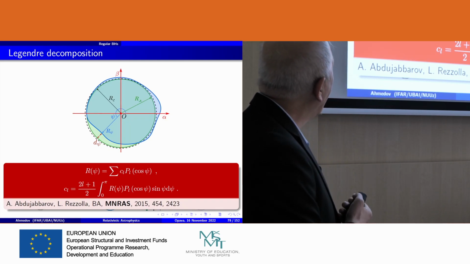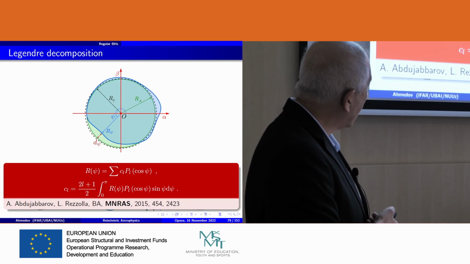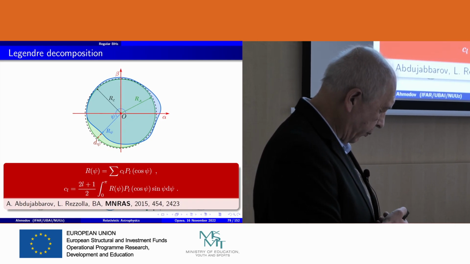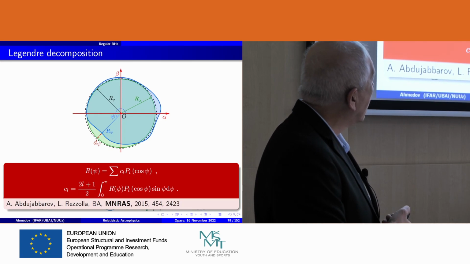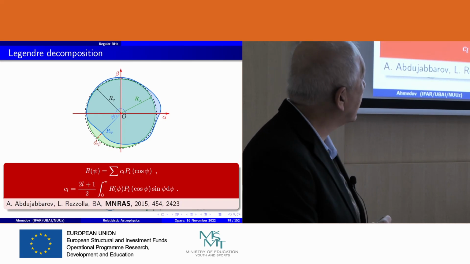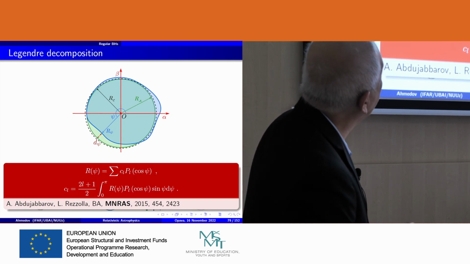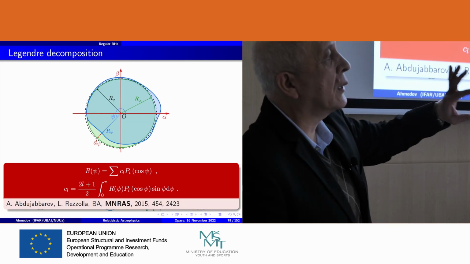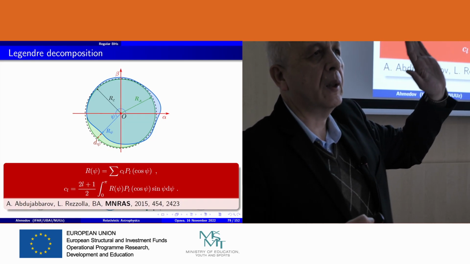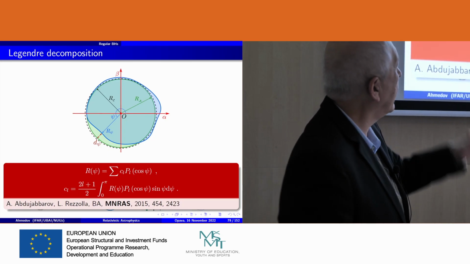So we developed one formalism, called the coordinate independent formalism for the description of the shadow. What we assumed is that the shadow is some curve in polar coordinates, so it can be of any type.